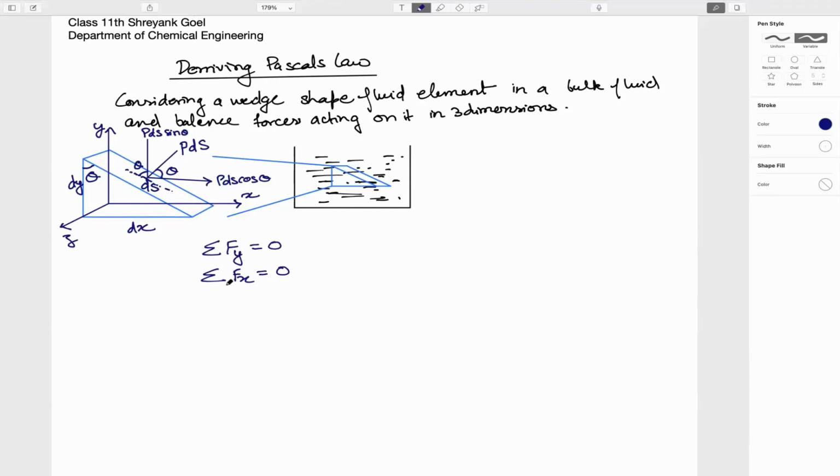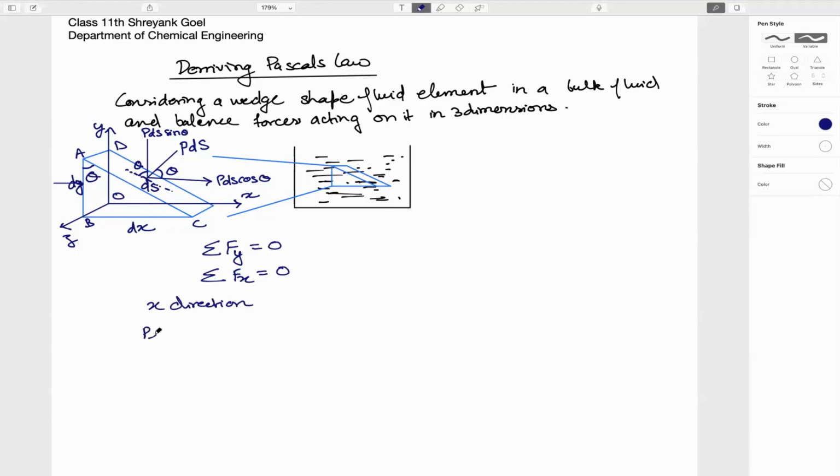So from here, if you see the pressure on this surface, let me label it O, D, A, B, C, E. If we are balancing forces in the x direction, we worry about the normal pressure.